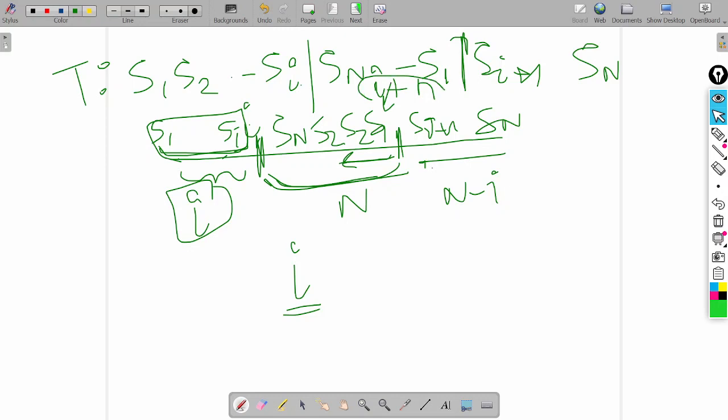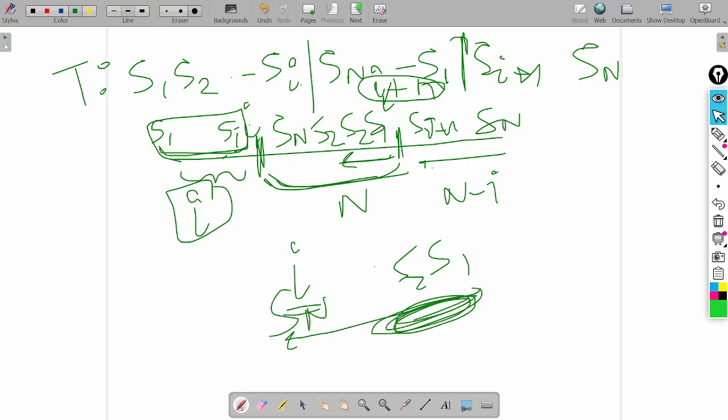From i plus n, this is in reverse order, because this is s1 to sn. We have to check if the string of length i here is the same as this string of length i, in reverse order. If so, then this is correct.